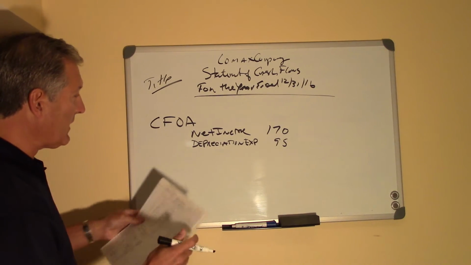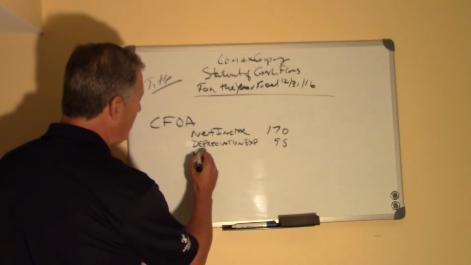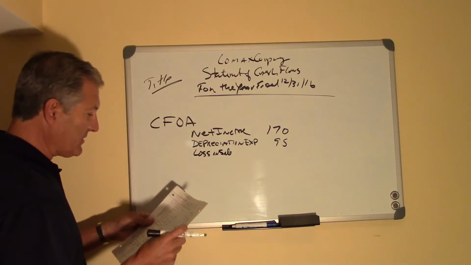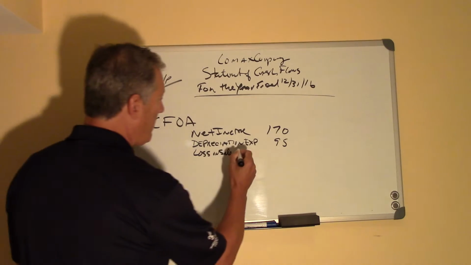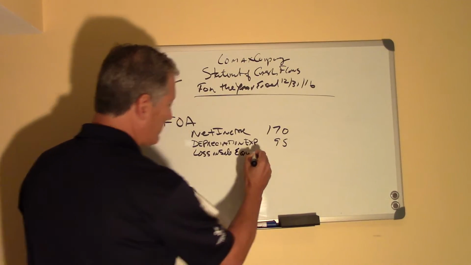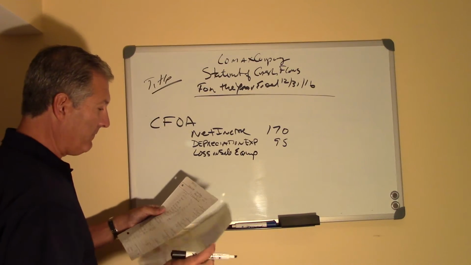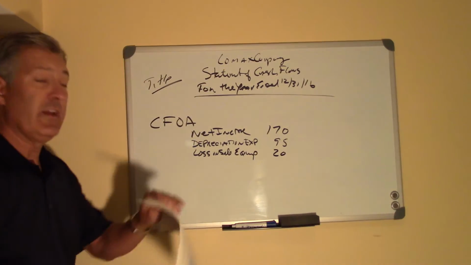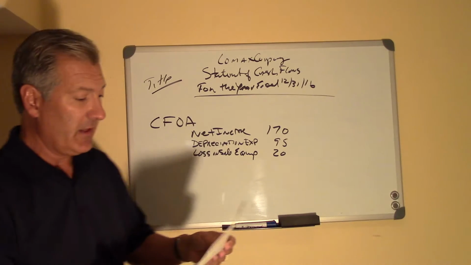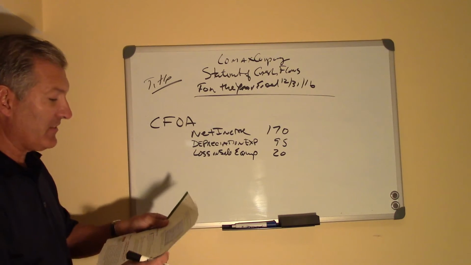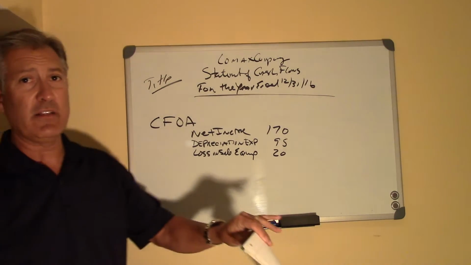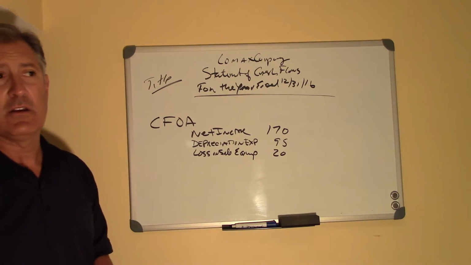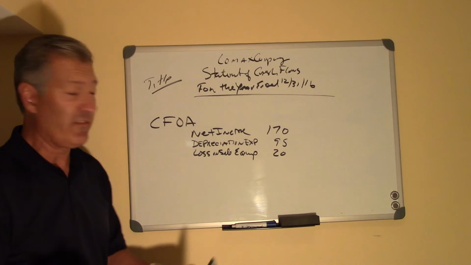And what we told you in class is that we always want to add back the loss. In this case, it's a loss on the sale of equipment, and we're adding back $20,000. There's also a gain. In this case, there is a gain on the sale of investments. Again, that's merely the difference between the cash they received and their basis, their book value.